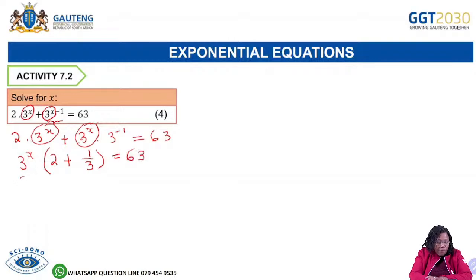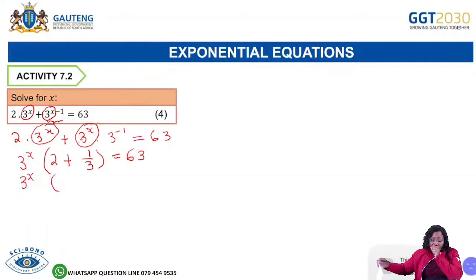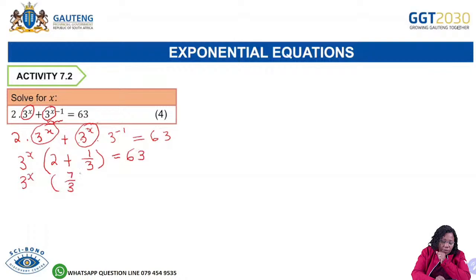And then we have 3 to the power x into 2 plus 1/3, that is 7 over 3, sorry, equals to 63.